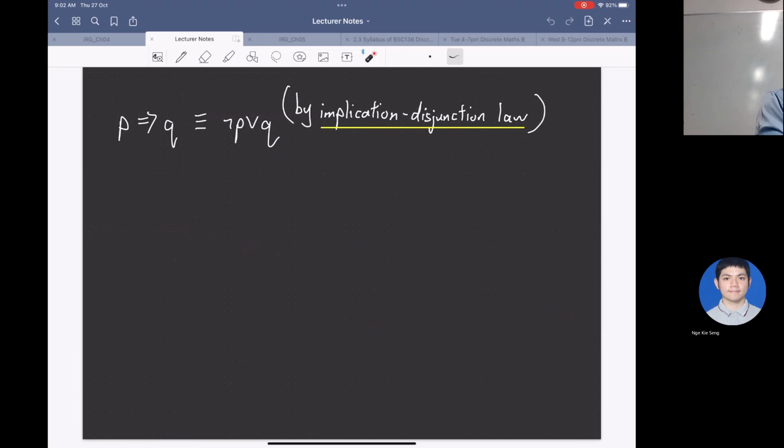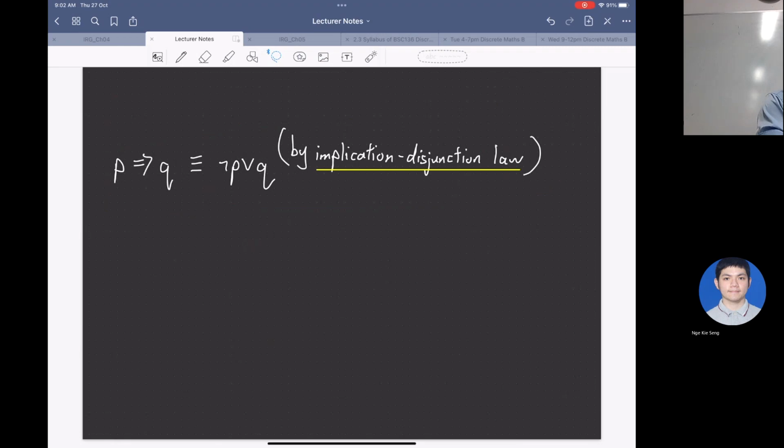There's some notice I want to make. Because this law here, there's no name for the law in the textbook, right? So I invent a name, maybe call it the implication disjunction law, or maybe you call it a conditional disjunction equivalence.